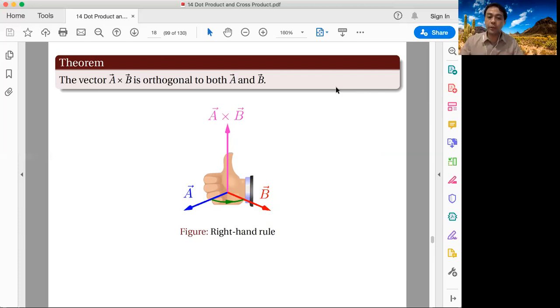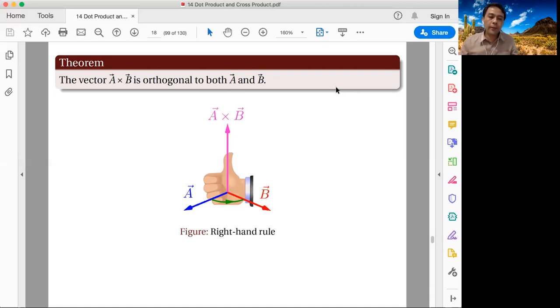The right-hand rule is not new to us. We already introduced this when we studied our vectors, our three-dimensional system. So if this is your vector A and this is your vector B, then the cross product is the vector A cross B. So that's your right-hand rule.